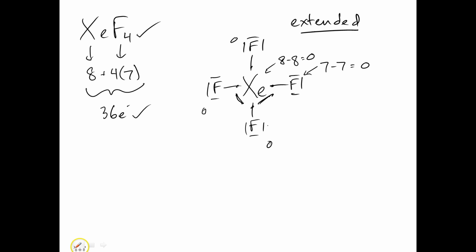Let's clean things up a bit, and then we can talk molecular geometry, polarity, hybridization. For XeF4, I've got 1, 2, 3, 4 F's that are connected. Erase this guy at the center here. 4 fluorines that are attached to the center.